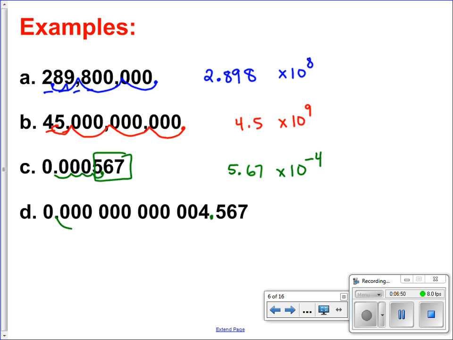Now we're going to move the decimal 3, 6, 9, 12. And so this is going to be something times 10 to the negative 12th. It's negative because this number is less than 1, and the mantissa is going to be 4.567.